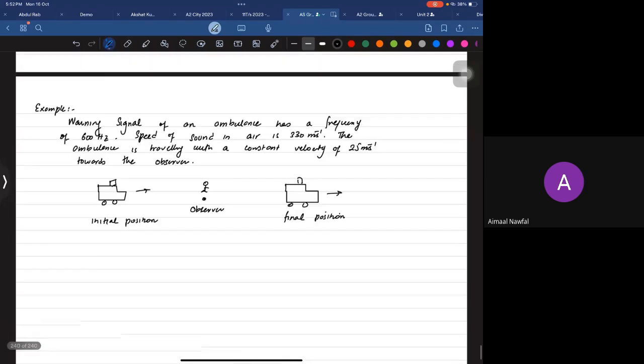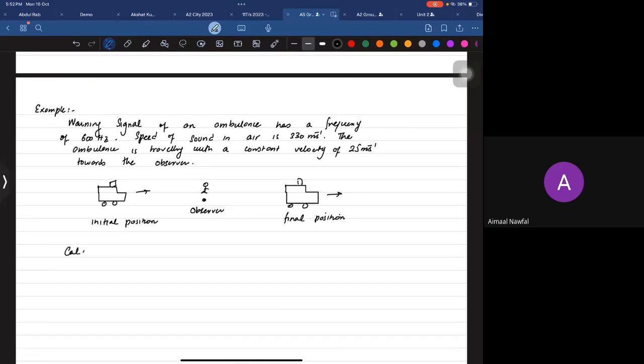Now they say calculate the change in frequency observed between initial and final position. Can you guys try this, please?